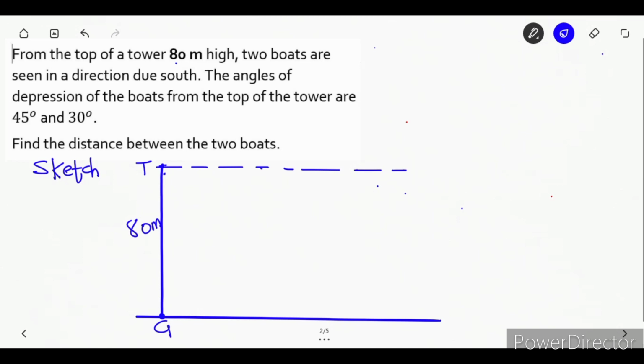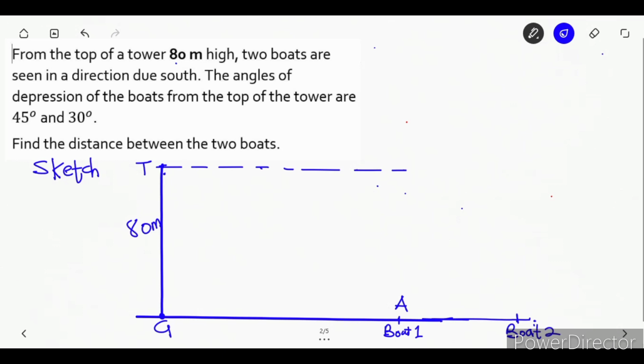Then the question says the boats are due south of the tower. So I'm going to put the first boat here, boat 1. I can call this point A. Then I can put the boat 2 here, boat 2.